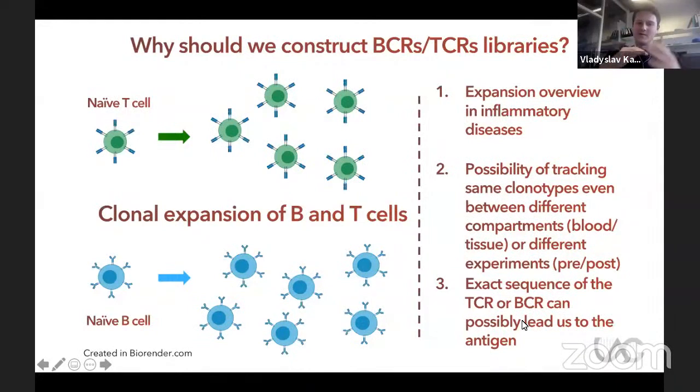But with the development of technologies like AlphaFold and so on, I think it will be possible in the future to predict the antigen that this TCR or BCR may bind just out of the sequence of the TCR and BCR and other helping molecules. So now it is not so easy.